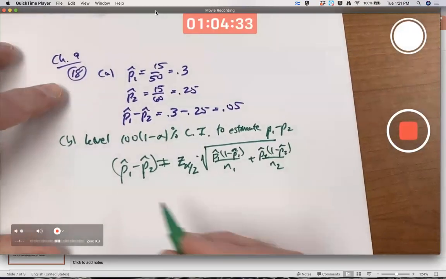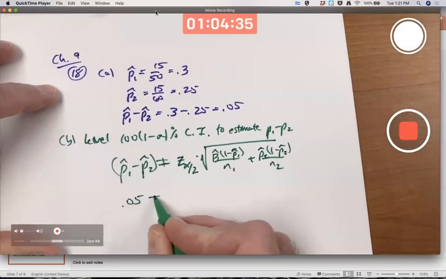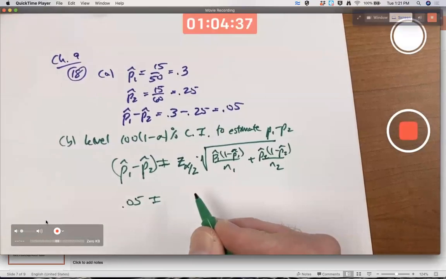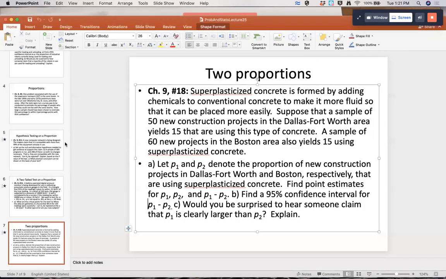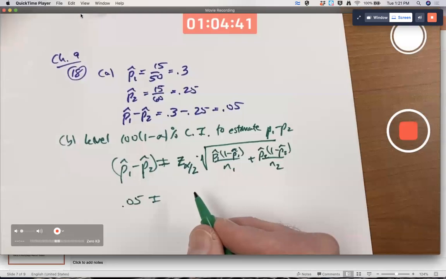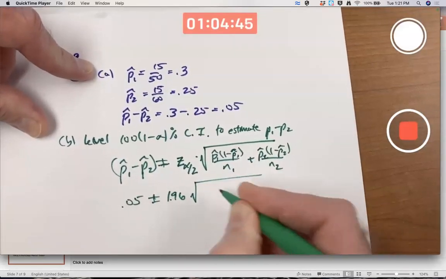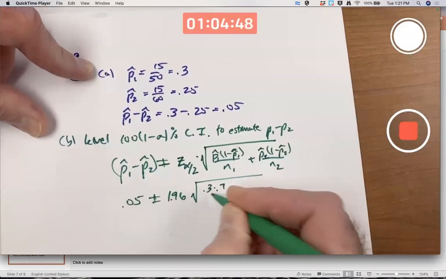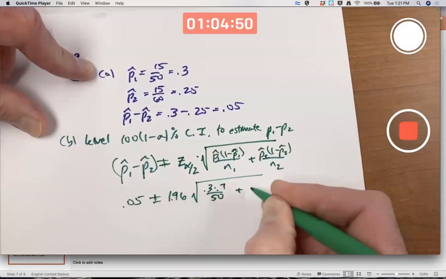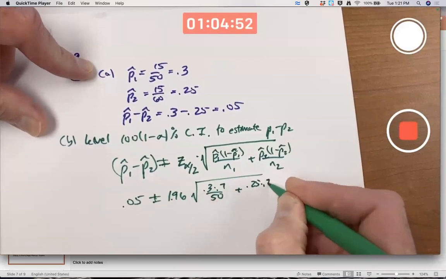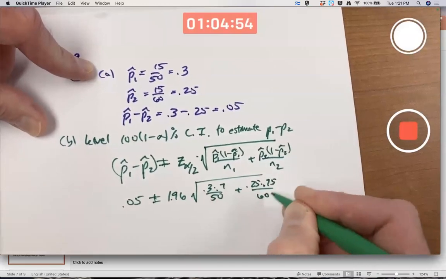So what's this going to be here? It's going to be 0.05 plus or minus, what level of confidence are we after here? 95%, so our old friend comes into play, 1.96. Square root of 0.3 times 0.7 over 50 plus 0.25 times 0.75 over 60.